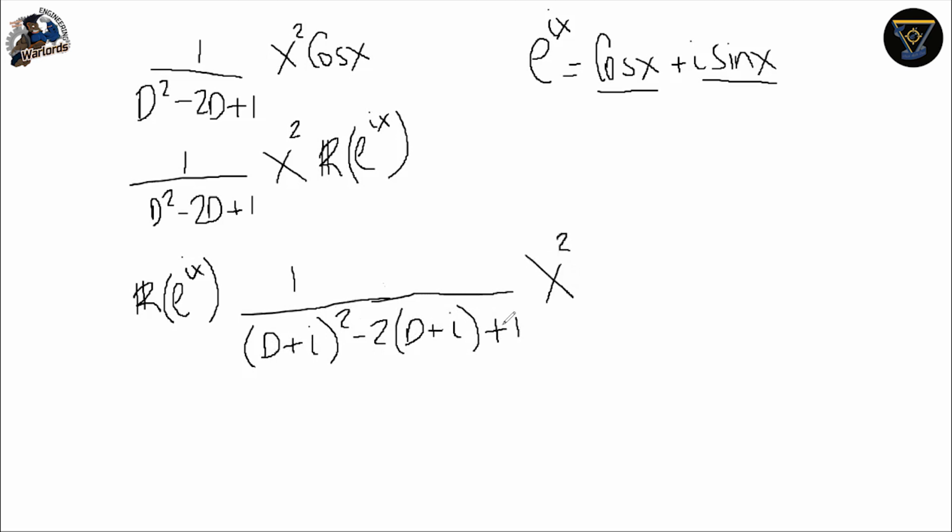I hope you guys know the rule for this though. When you have an e and you have an x, you bring the e over, and anywhere you say d, you put d plus whatever this is, and this is i. So what we need now is that, seeing that this has an x squared, you know what to do.